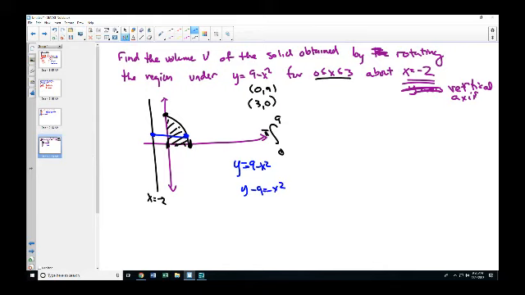Is that right? Yes. Negative y plus 9. Wait a second. Why do you distribute that negative? It's easier when you integrate it. It's just -1. Oh, it was a negative x, so you divided by the negative one, okay.